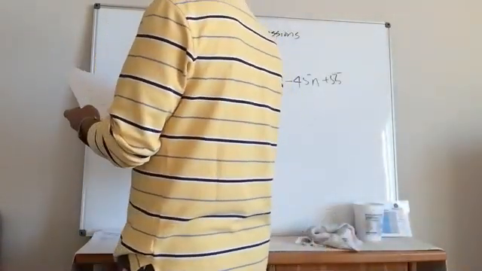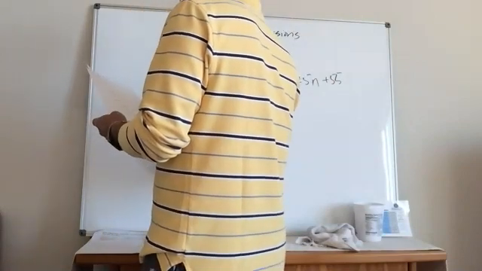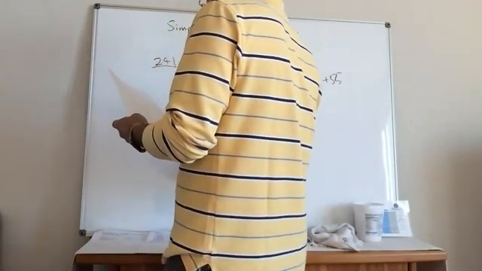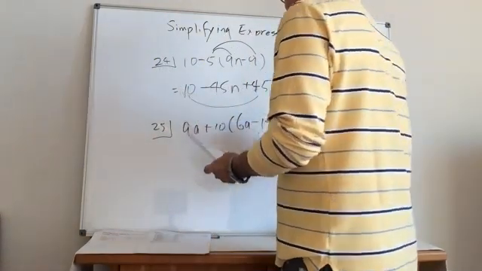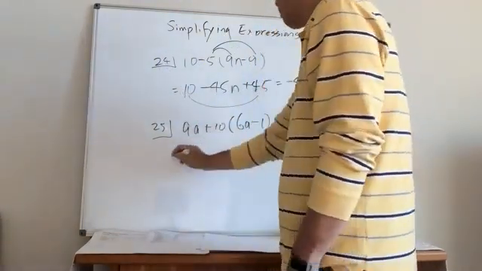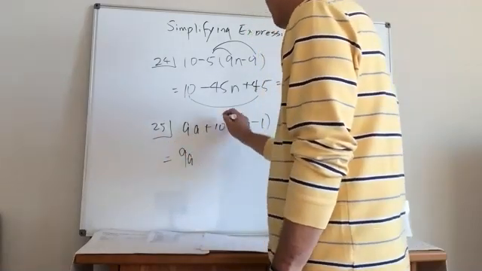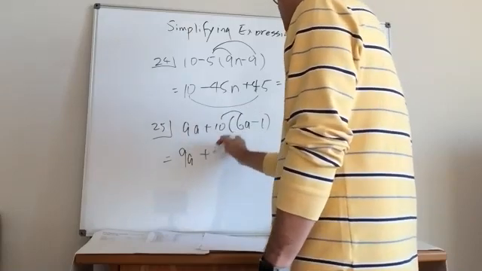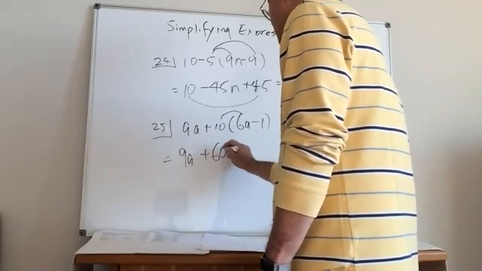25. 9a plus 10 times 6a minus 1. So 9a comes down. I have to do the distributive. I'm going to get 10 times 6a, which is 60a.